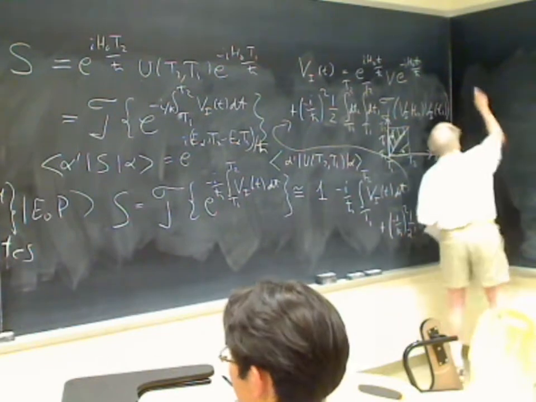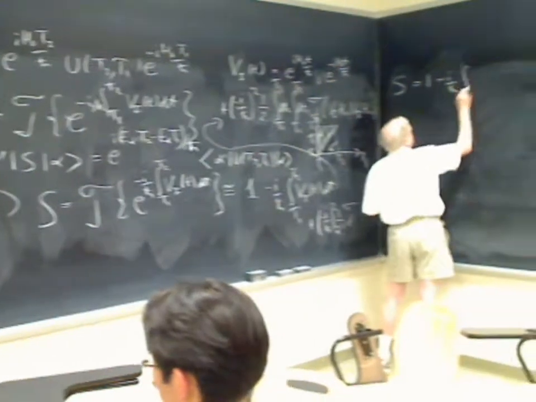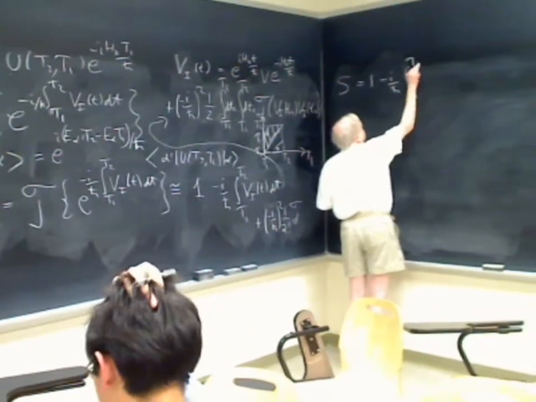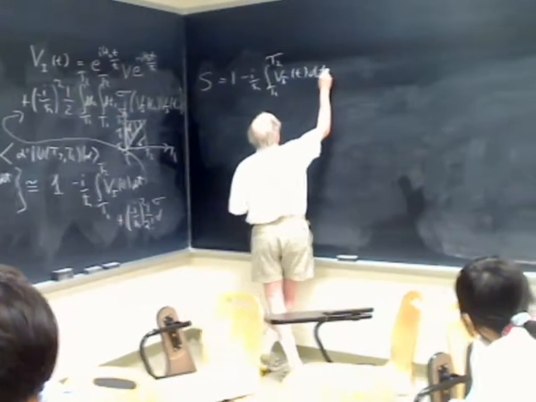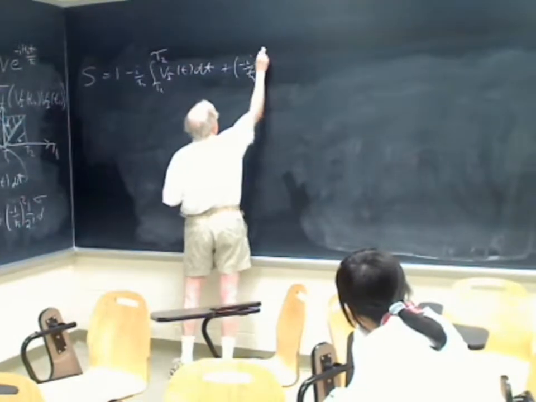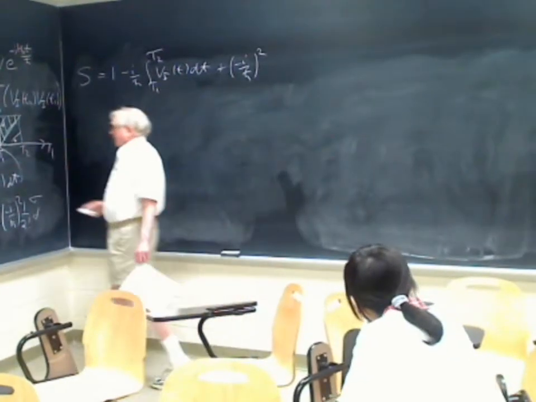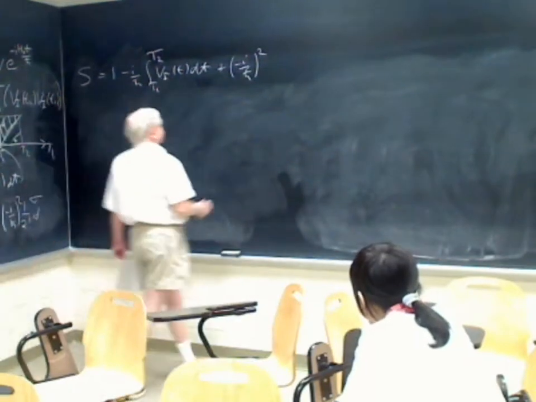And so in that case, what we have is S is equal to 1 minus i over h bar integral T1 to T2 V_I of t dt plus minus i over h bar squared. But we're only integrating over half the square, so we cancel the 2.